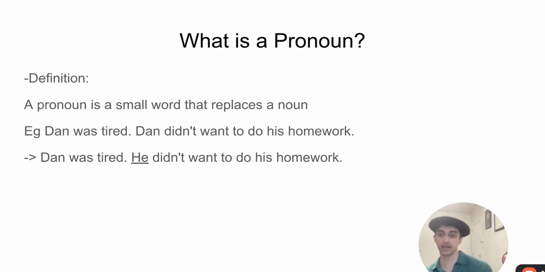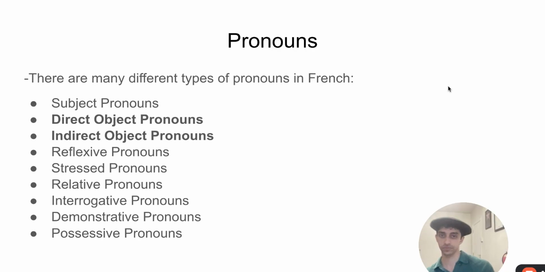So he, which is underlined there, is actually the pronoun. And you can see that in that second sentence, it replaces Dan, which is a noun. That's what tells us that it is a pronoun because it stands in for or replaces a noun. That's what every single pronoun does in some way, shape, or form, though there are many different kinds of pronouns.